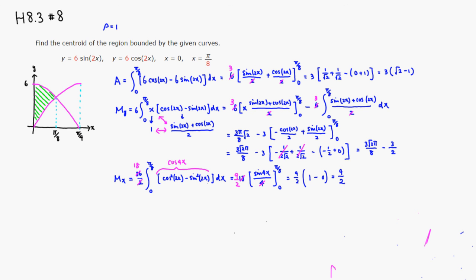But what we want to find is x bar and y bar.